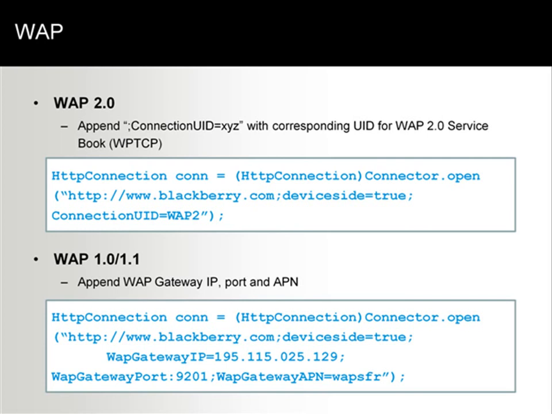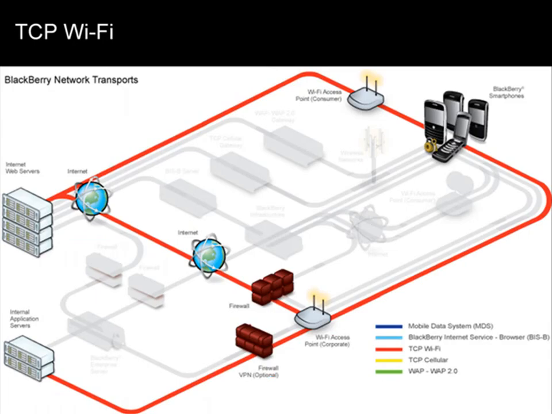For WAP 1.0 and 1.1, you must also append deviceside=true, but instead of appending ConnectionUID, you must append the WAP gateway IP, port, and APN that you're going to use. The reason for these differences is that WAP 1.0 and 1.1 leverage the WAP gateway, while WAP 2.0, although leveraging a gateway, is more TCP-based, and as such, there's less information that you're required to specify for WAP 2.0.